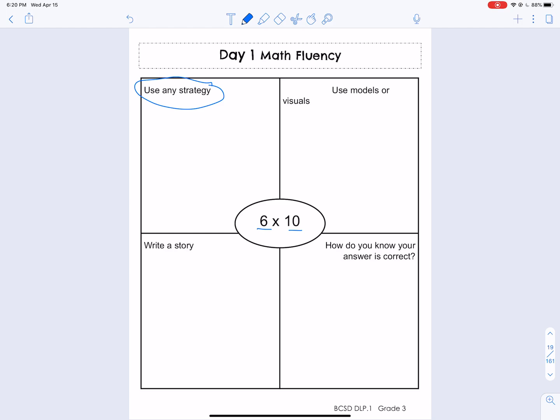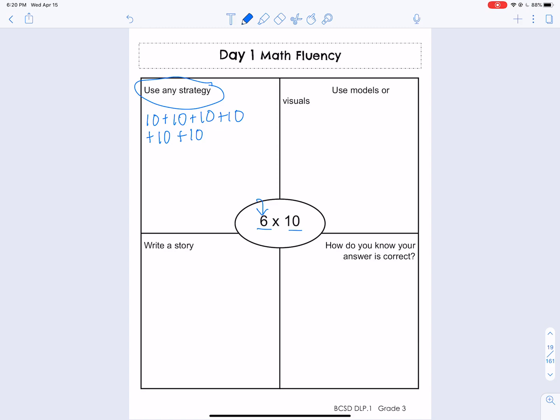So I'm going to do 10 first. I'm going to write 10 6 times. So 10 plus 10 plus 10 plus 10 plus 10 plus 10. I think that's 6. 1, 2, 3, 4, 5, 6.